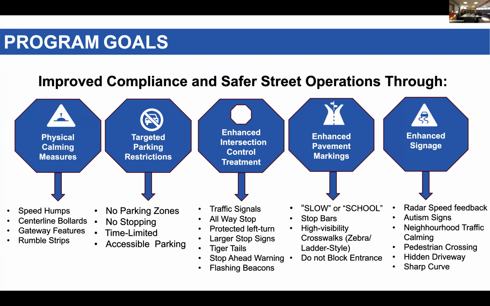There are also enhanced intersection control treatments, such as traffic signals, all-way stop signs, protected left turns, advanced warning treatments, as well as enhanced signage and pavement markings, such as high visibility crossings, message-related pavement markings, radar speed message boards, and specialized signs.